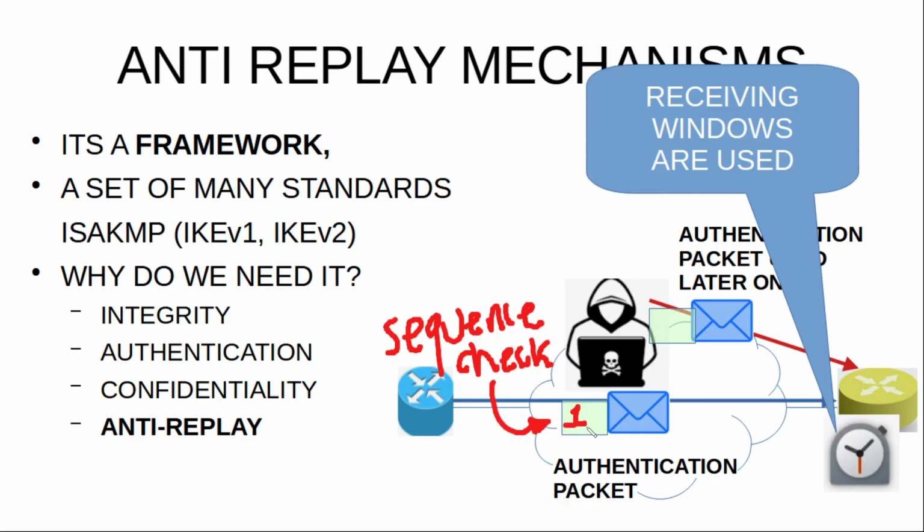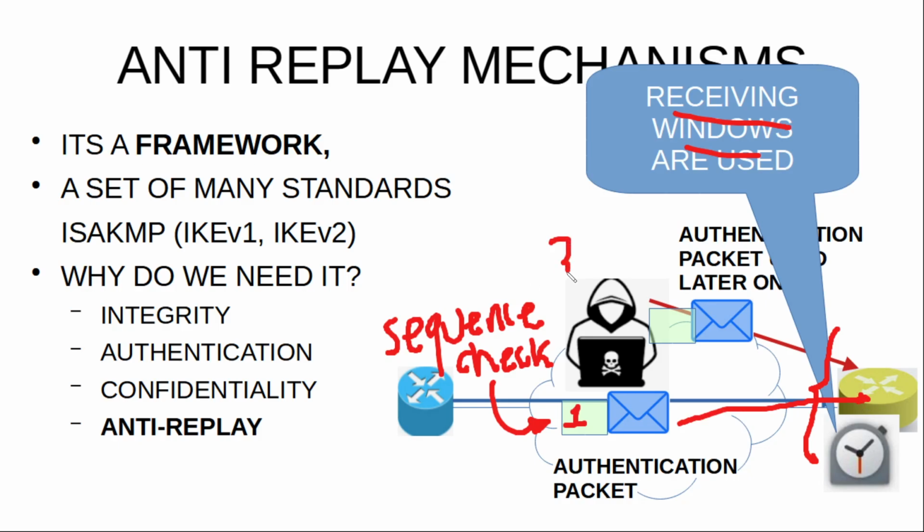So this value can only be accepted by the destination within a receive window. So only for a certain amount of time will this packet that happens to have this sequence number be allowed to be received.